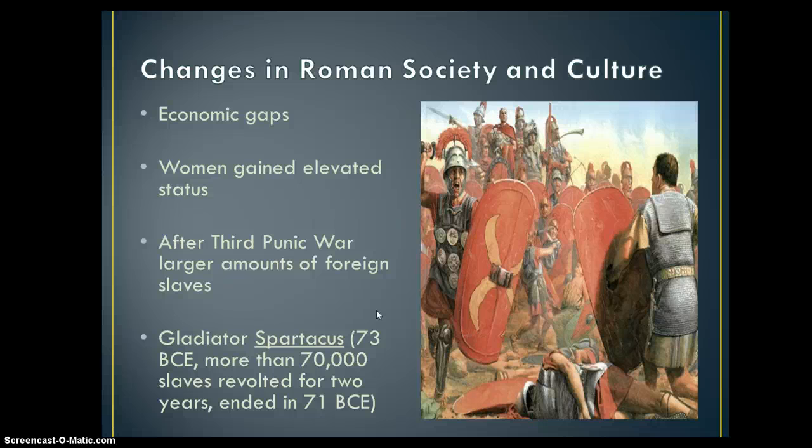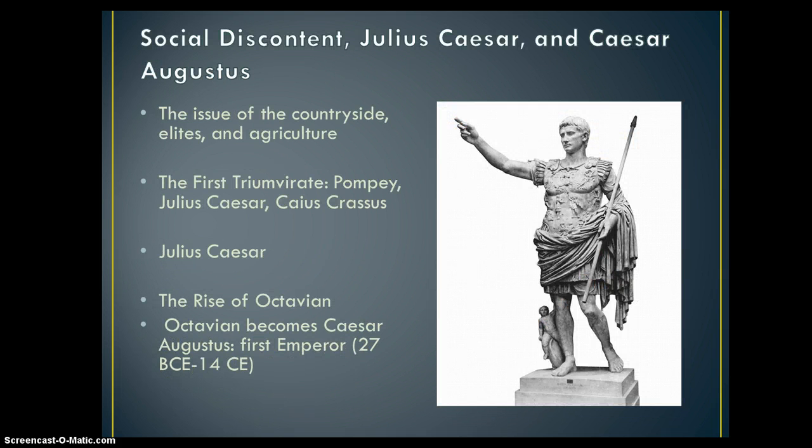In any case, after mentioning the end of the Punic Wars, there was a shift again in Rome's culture. There was social discontent, the issues of the countryside and urban elites and agriculture. And this is so typical.